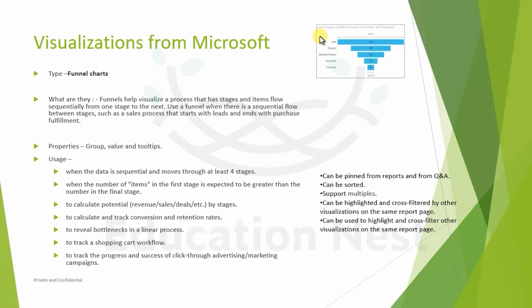That would be a typical product life cycle, from procurement, then pre-sales, then sales, then order fulfillment, and probably returns. Together they give you a complete picture of every product. In this scenario, you can use the funnel chart. Unfortunately, today I do not have that kind of data with me, but please remember, when something inherently moves in a sequential assembly line fashion, you can effectively make use of funnel charts.